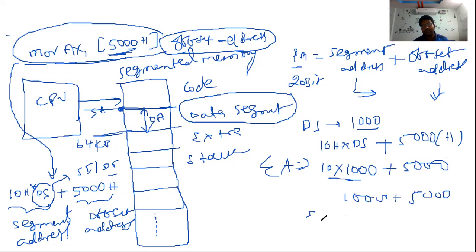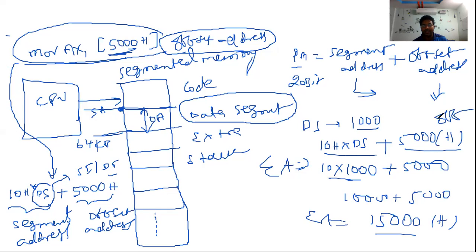So the effective address is 15,000. This is the offset and this is the segment address. I hope you understand. Similarly, we can calculate the remaining address locations.